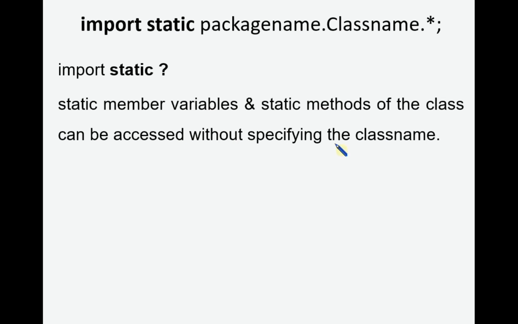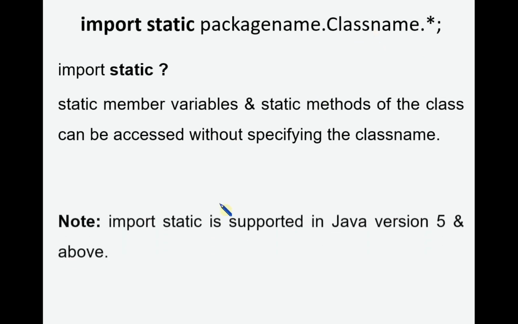When we are using the static keyword along with the import statement, all the static members of the specified class will be imported automatically. Note that import static is supported only in JDK 1.5 and above versions.